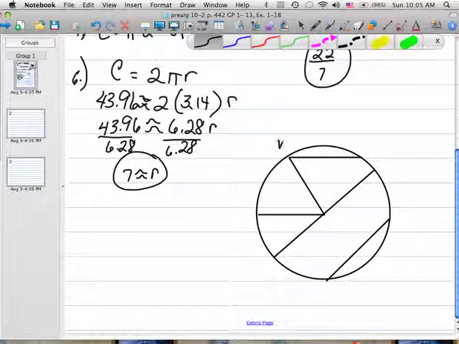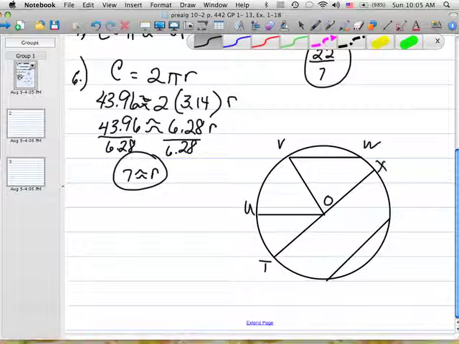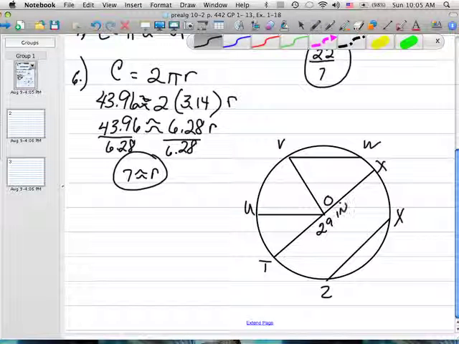So this is V, W, this is the center, this is U, T, X, and Z, Y. And they give us this measurement as 29 inches. That's the measurement for the diameter.